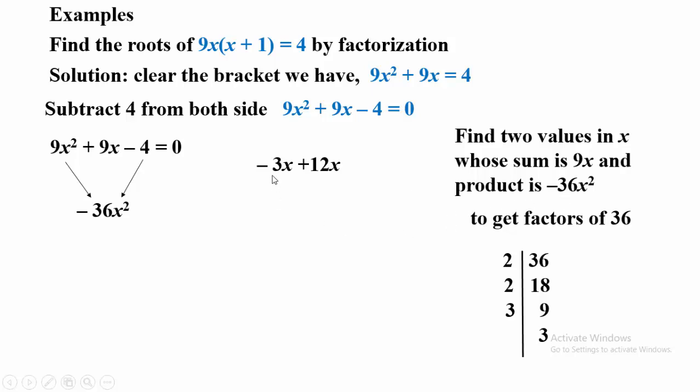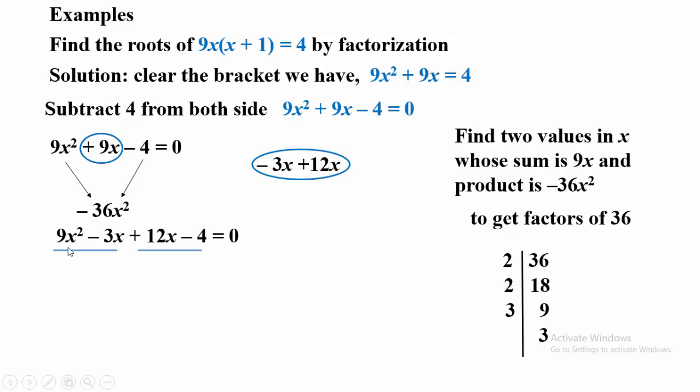When we add minus 3x plus 12x, we have 9x. We will replace this 9x with minus 3x plus 12x to give 9x squared minus 3x plus 12x minus 4 is equal to 0. The equation is now in 4 terms that we can split into 2, which is 9x squared minus 3x and 12x minus 4.